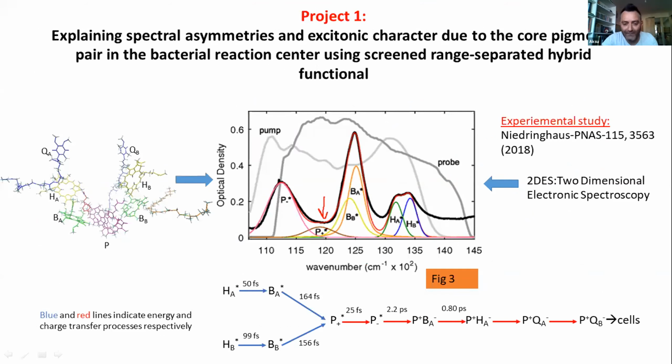It was a mystery in the literature because this P plus star, the excited state of the special pair, called P in the purple bacteria, has low intensity, and its absorption band overlaps closely with the adjacent molecules BA and BB on the left and right side. That's why most experimental studies could not spot this energy band, the peak.